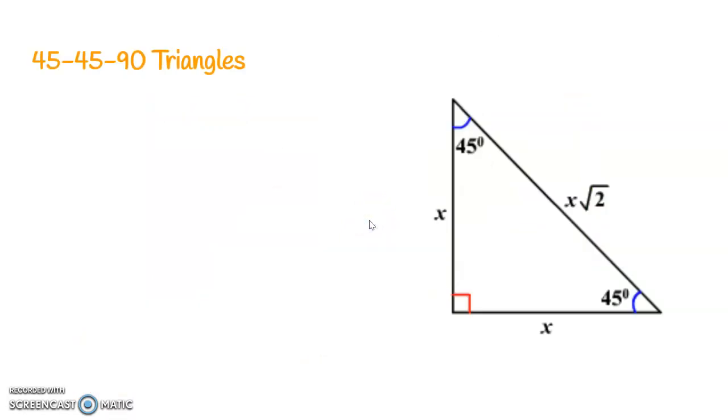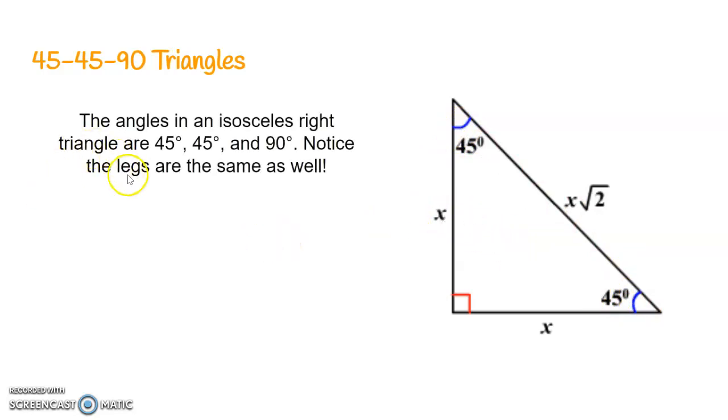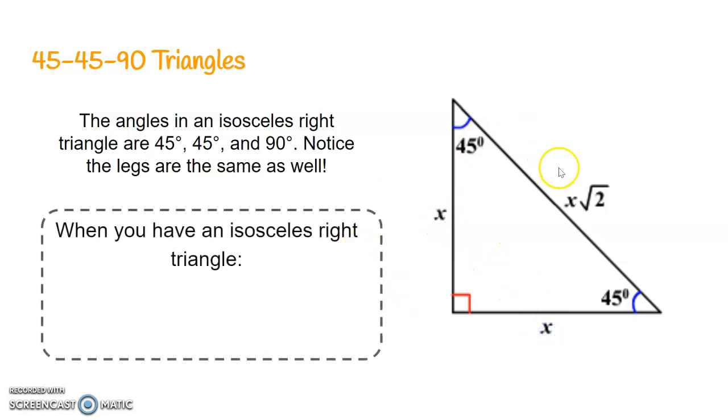Let's go ahead and dive into these 45, 45, 90 triangles. So again, you'll notice that both of these angles are congruent to each other, and therefore the sides across from them are also going to be the same. Okay, those will be congruent also. One of the things that you might have noticed from your warm-up, if you look above, is that both of these legs would be the same amount, and the hypotenuse would be the amount of the leg times root 2.